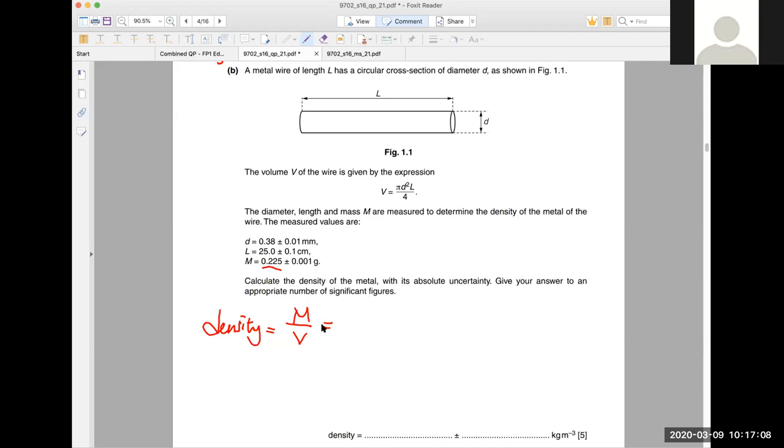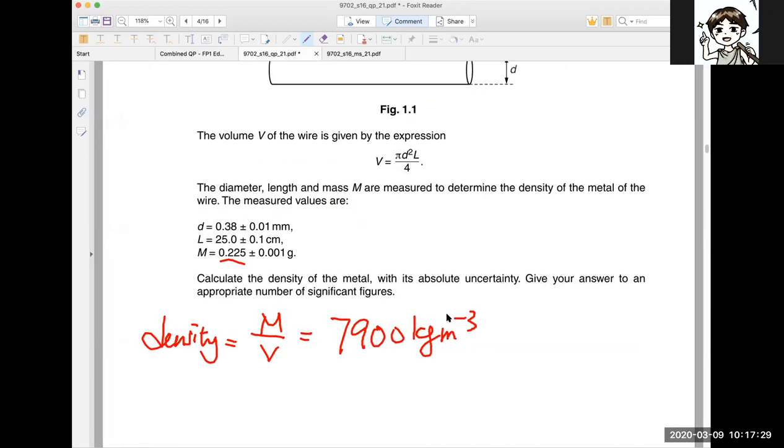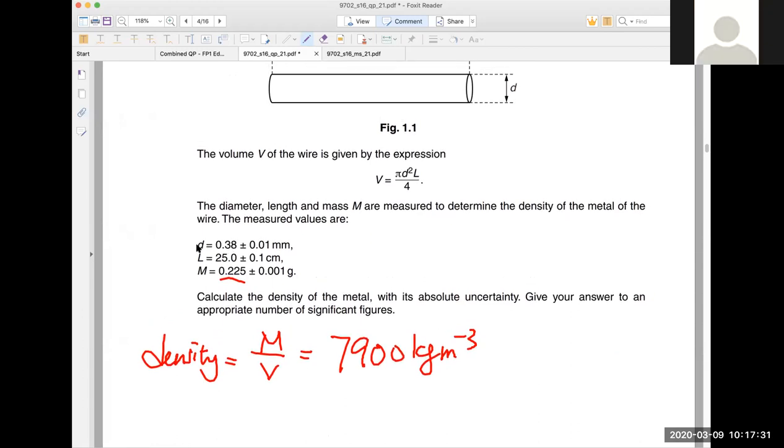I'm so confused. Have you got the answer? Can you explain? You're given all the values, D, L, M, and then you need to find the density.